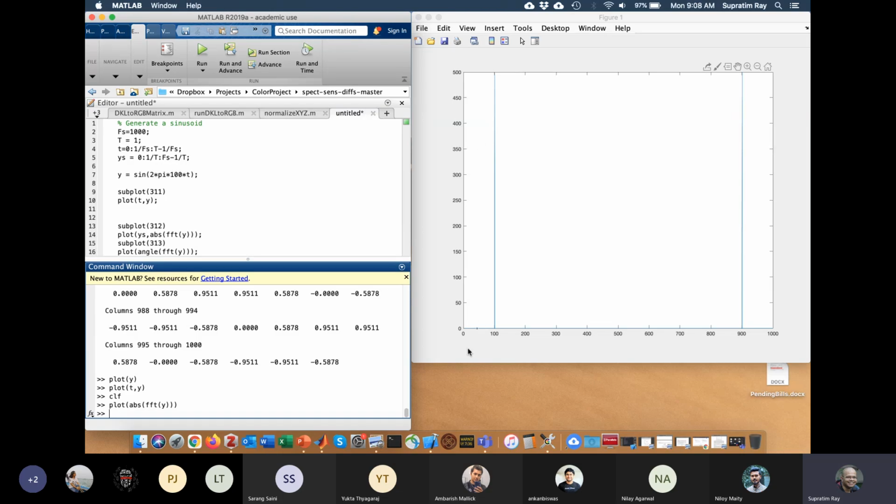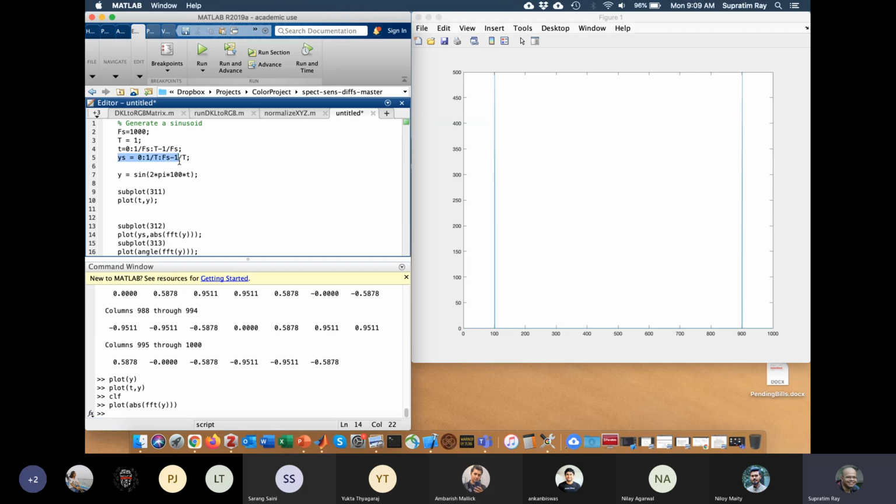The reason is that when you do the frequency analysis, the x-axis is just the number of data points, and it goes from 1 to 1000. But the first point corresponds to a frequency of 0, and the second point corresponds to the next frequency, which in this case happens to be 1 because the duration is 1.